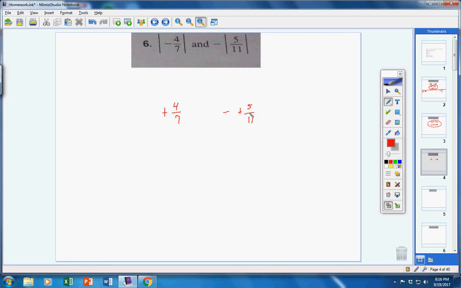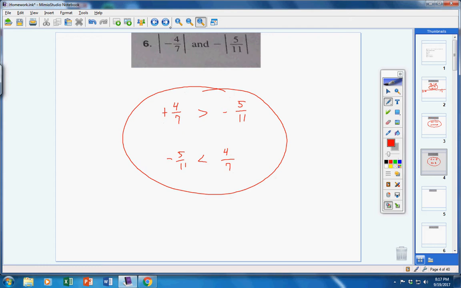So now you have a fraction with two signs. A positive and a negative means the number is negative. So we have a negative 5/11. So again, a positive number will be greater than a negative number, and a negative number will be less than a positive number. And there's your two answers. Okay?